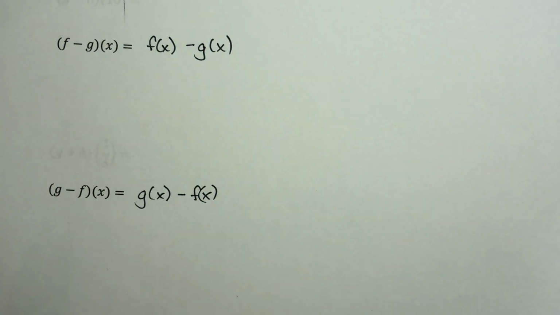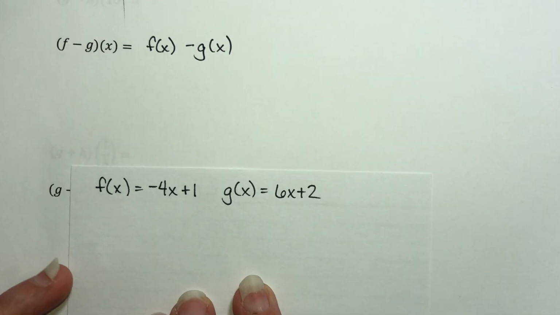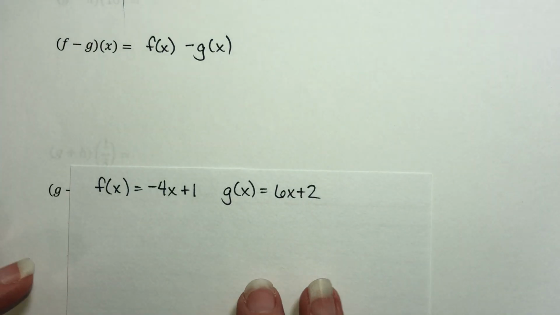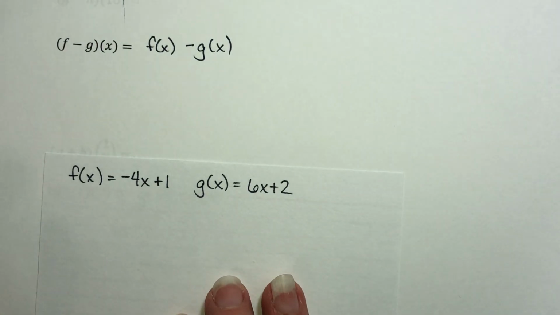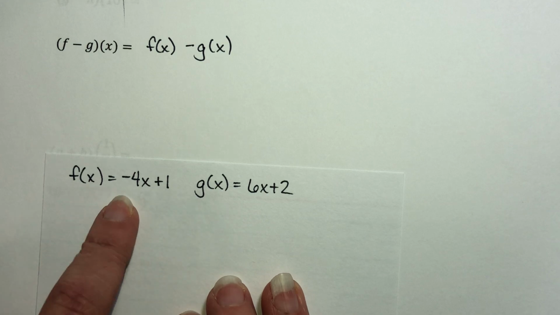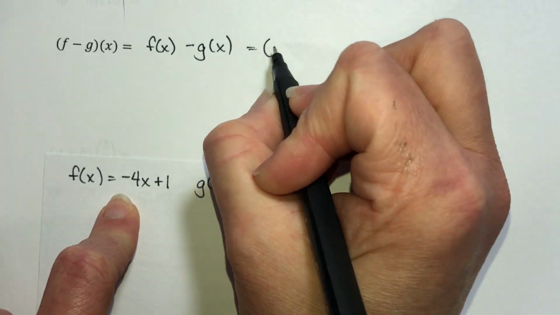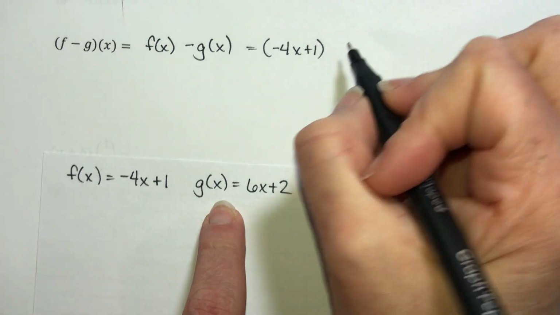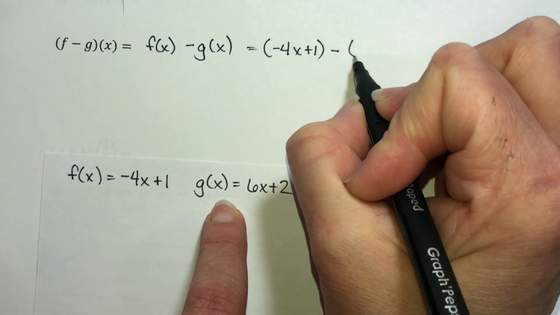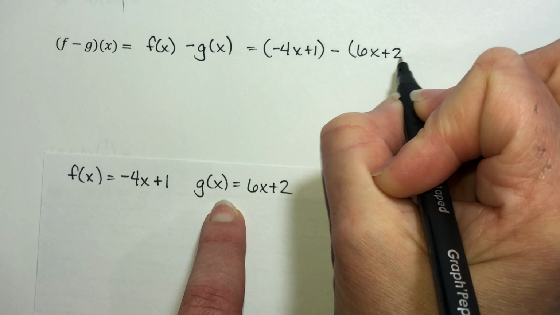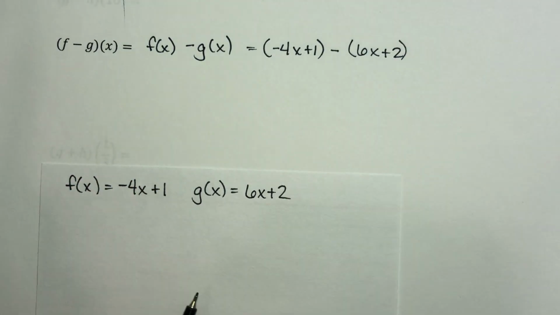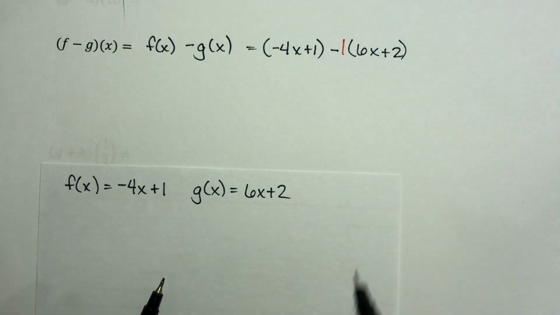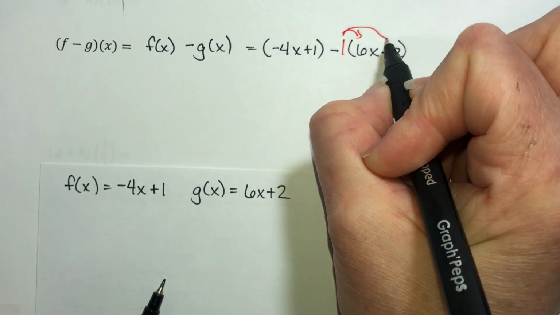Okay, now I wrote my functions down because I don't want to slide the paper up and down. This means I'm going to find my f of x, which is negative 4x plus 1. And then I'm going to subtract 6x plus 2. And because that's a minus, it really does matter. There's the negative 1 there, you're distributing.